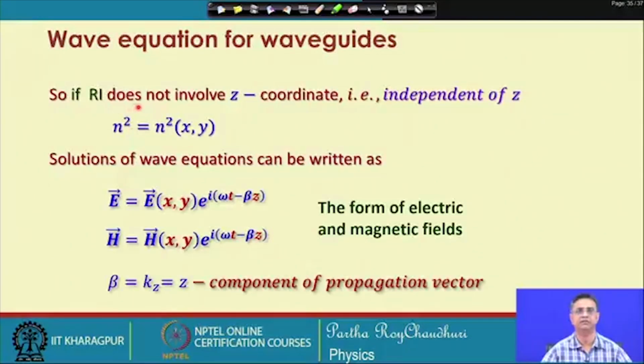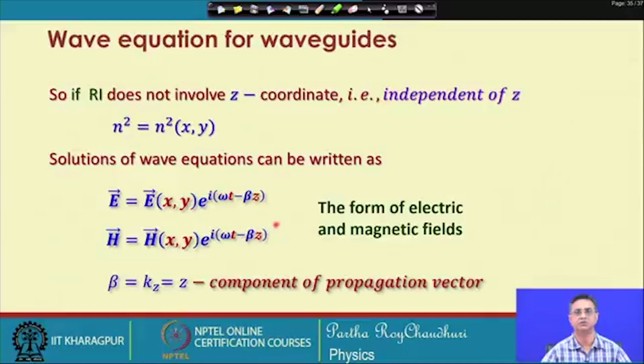So, if refractive index does not involve z coordinate, that is if it is independent of z, that is to say that the refractive index is a function of only x and y, but it is not a function of z. In that case, the solutions of the wave equations can be written in this form, because we have been able to isolate the z dependence, and we have been also able to isolate the time dependence.